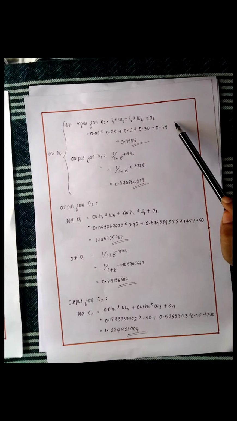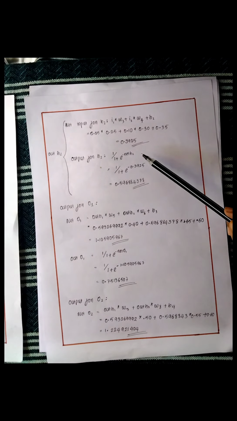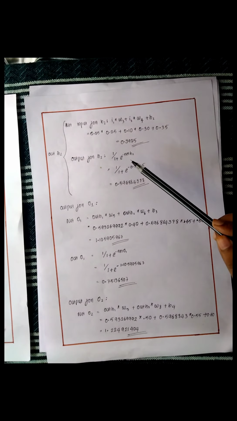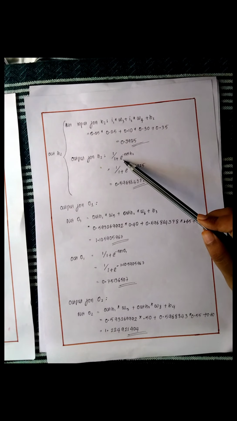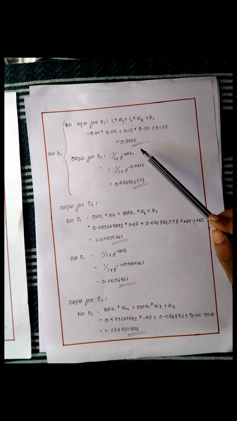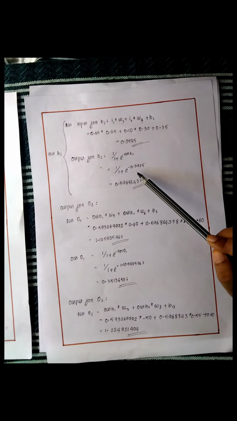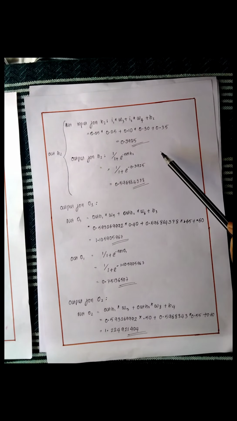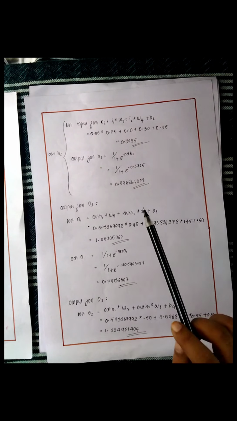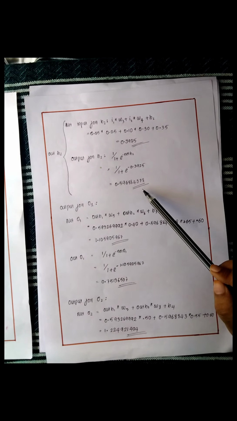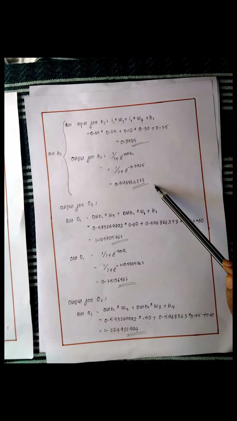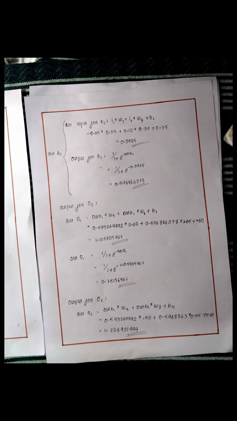So the summation part is over. Next, the activation function is 1 by 1 plus e raised to minus net H2, which is 1 by 1 plus e power minus 0.3925, equal to 0.5968884378. So we have calculated the outputs of H1 and H2.